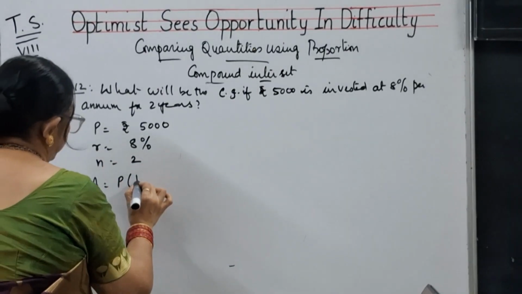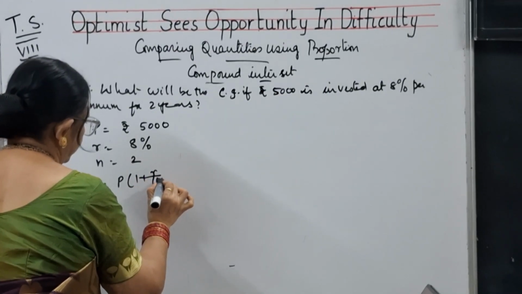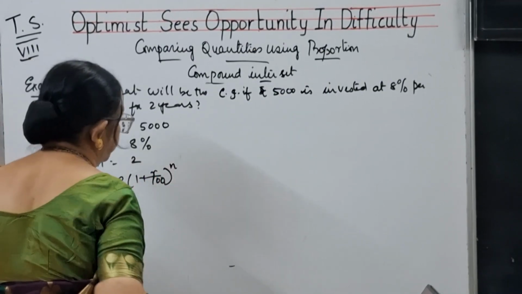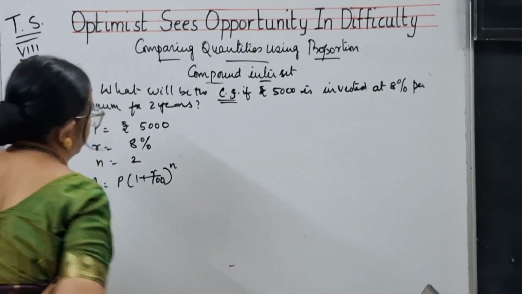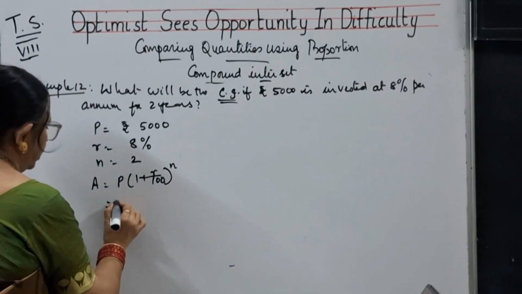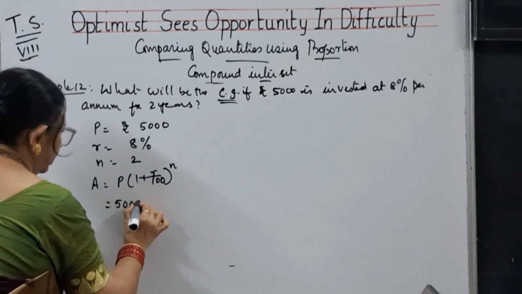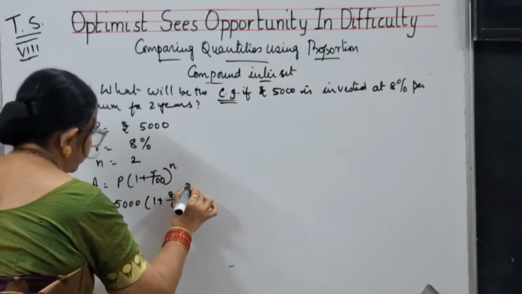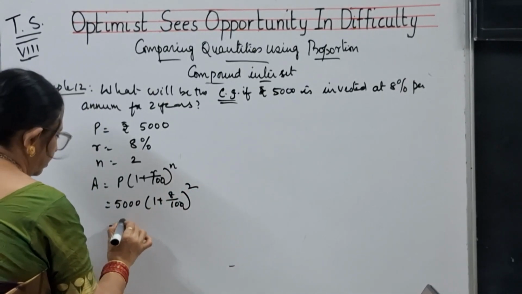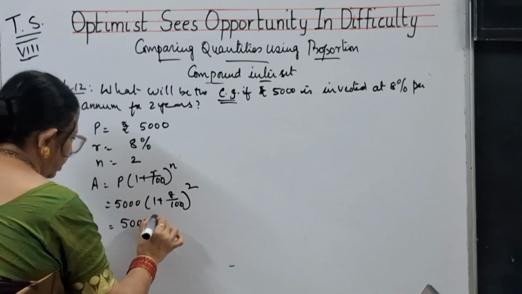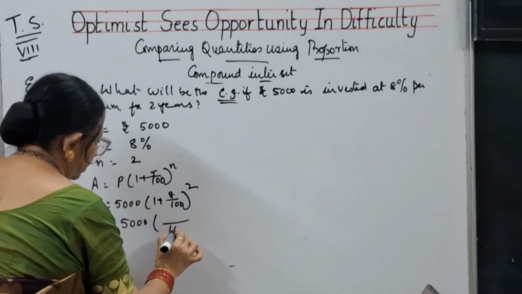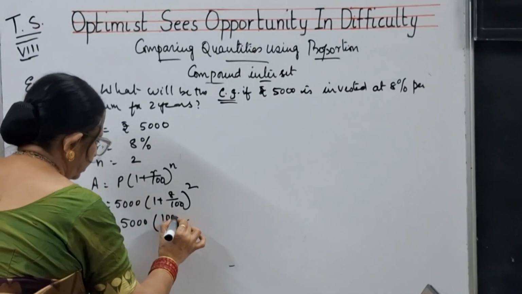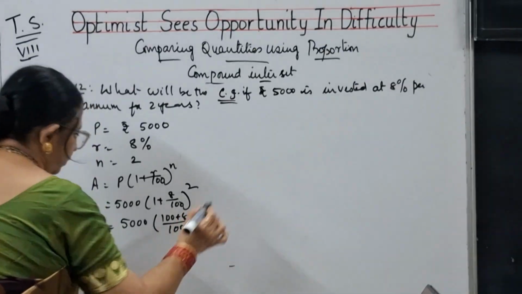A is equal to P into 1 plus R by 100 whole to the power of n, because it is compound interest. So P is 5000 into 1 plus 8 by 100 whole square. That means 5000 into 100 plus 8 by 100 whole square.